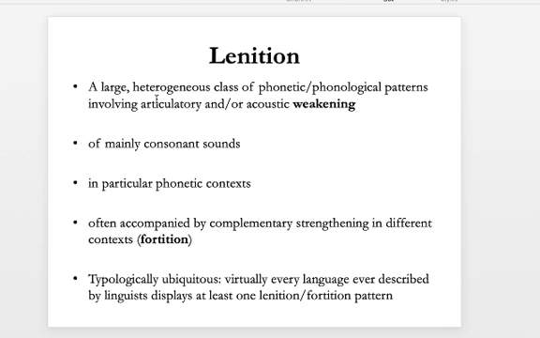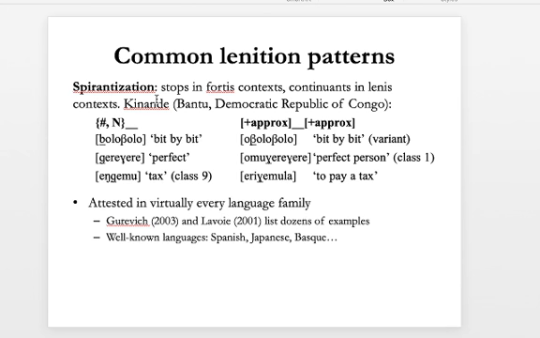And this kind of pattern is typologically ubiquitous. So virtually every language that's ever been described by phonologists has at least one kind of complementary lenition fortition pattern, English being no exception. And yeah, these are just extremely common sound patterns across the world's languages.